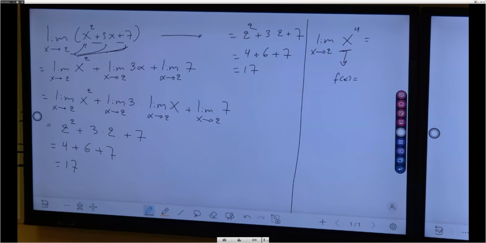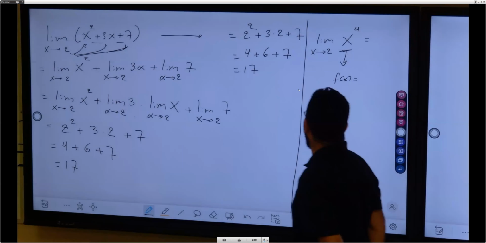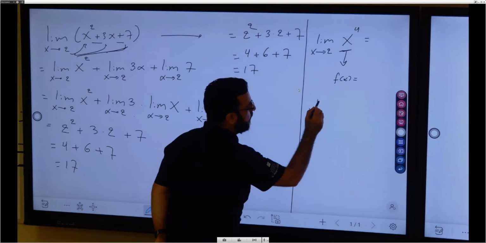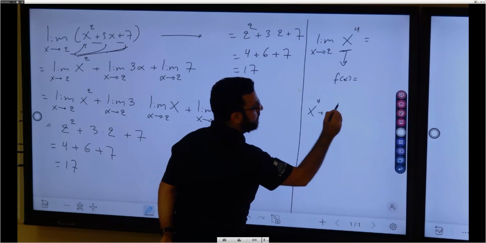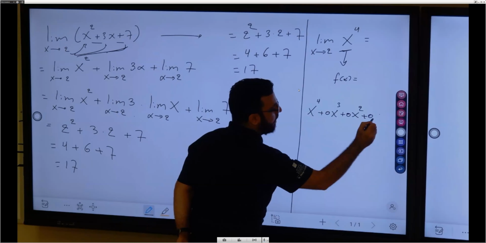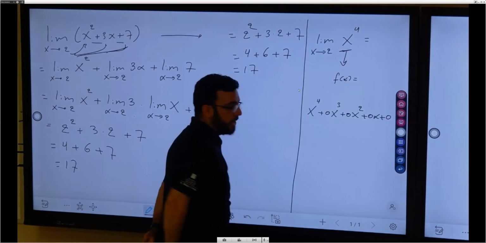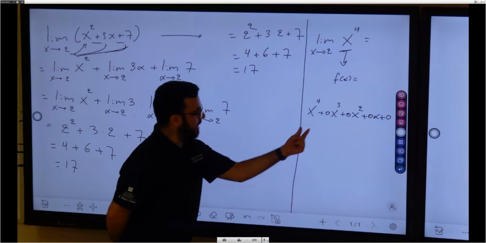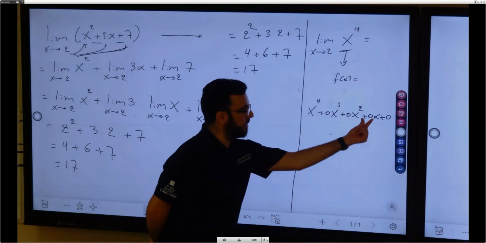Yes or no? It's a polynomial. X to the power 4, it's polynomial, which is the same thing. It's x to the power 4 plus 0x cubed plus 0x squared plus 0x plus 0. Can you write down this exactly the same thing? Because this is still 0, this is 0, this is 0, this is 0.